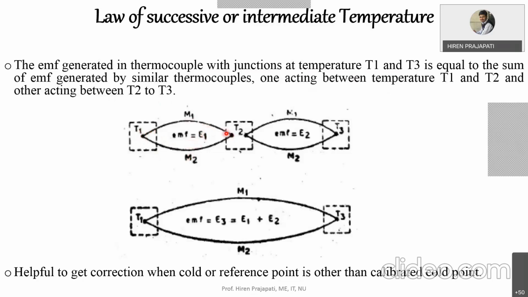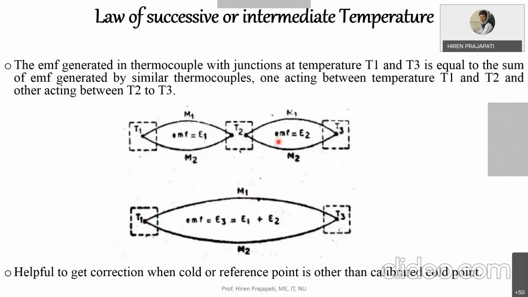Now, if you put the same combination M1 and M2, but the cold junction is at temperature T2 and the hot junction at temperature T3, then the EMF changes, and that EMF is E2. Now, if I keep the cold junction at temperature T1 and the hot junction at temperature T3, from extreme low to extreme high temperature, then the EMF generated will be the sum of E1 and E2.